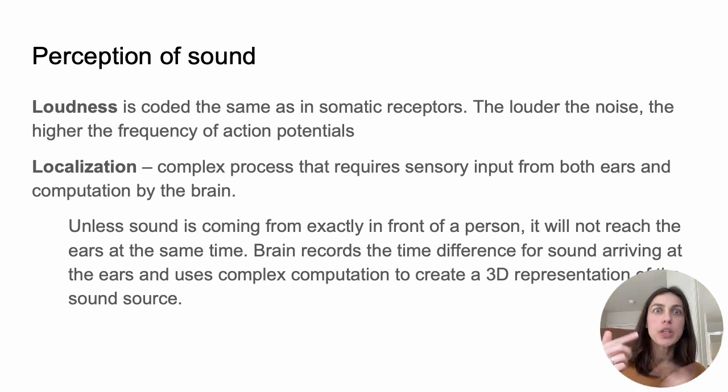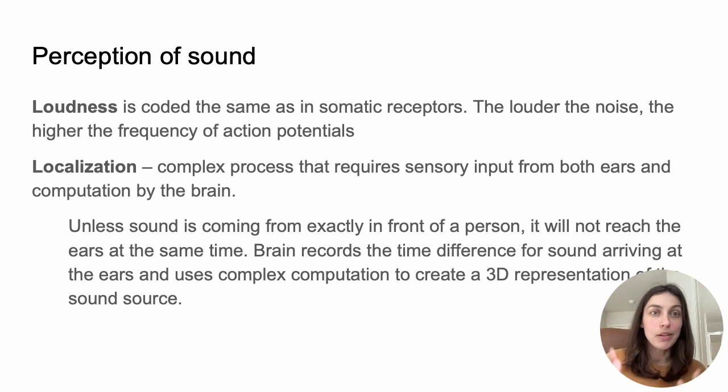Which one came first? Which one came second? How big was the difference in that timing of the arrival of action potential to your cerebrum? And we perceive that as localization of sound.